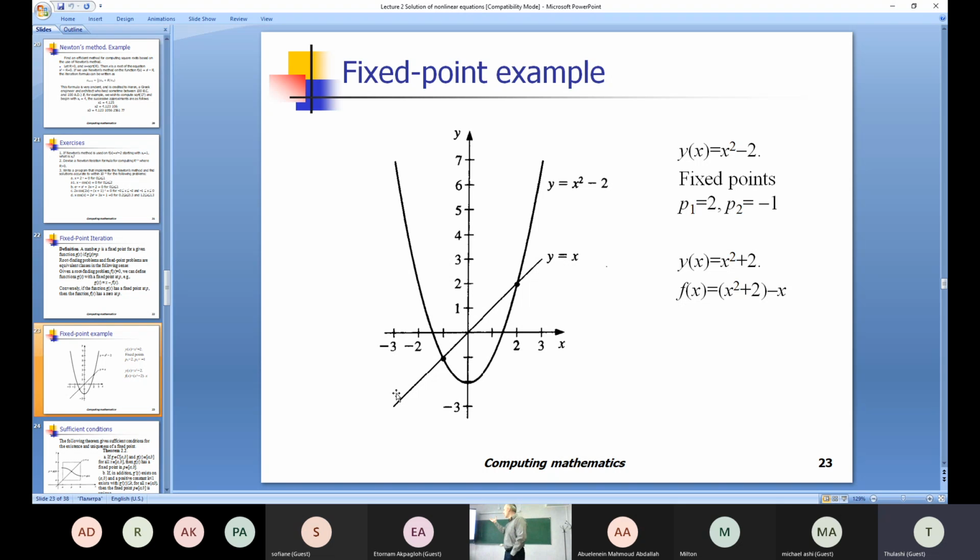And let's consider another case, x squared plus 2. What will be the graph of this function? X squared plus 2. Please draw it, it's very simple. This is a graph of x squared minus 2.